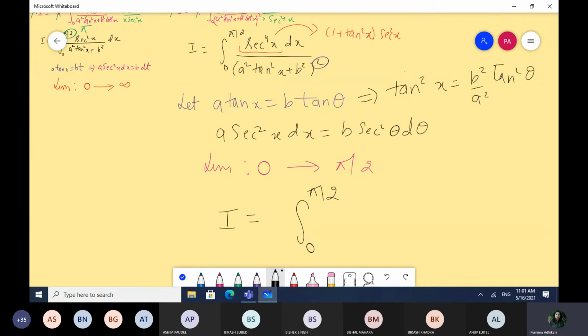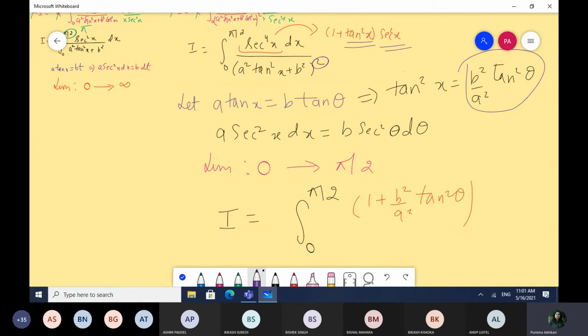Okay, so your numerator becomes 1 plus b square upon a square tan square theta. Next, sec square x छ नि sec square x dx.